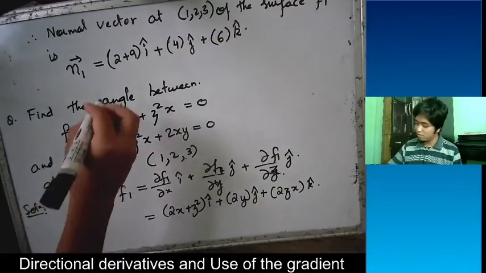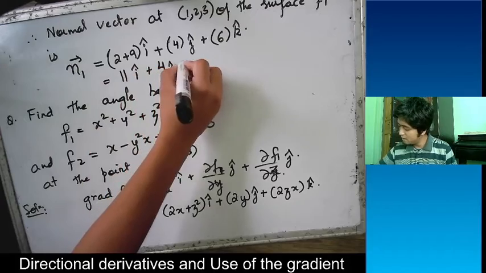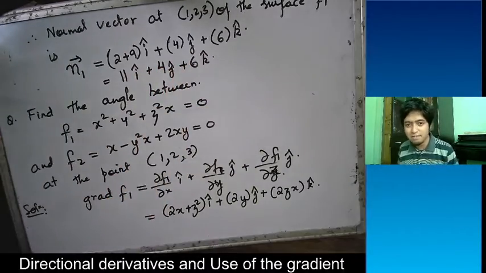So this is the normal vector of the surface f1.